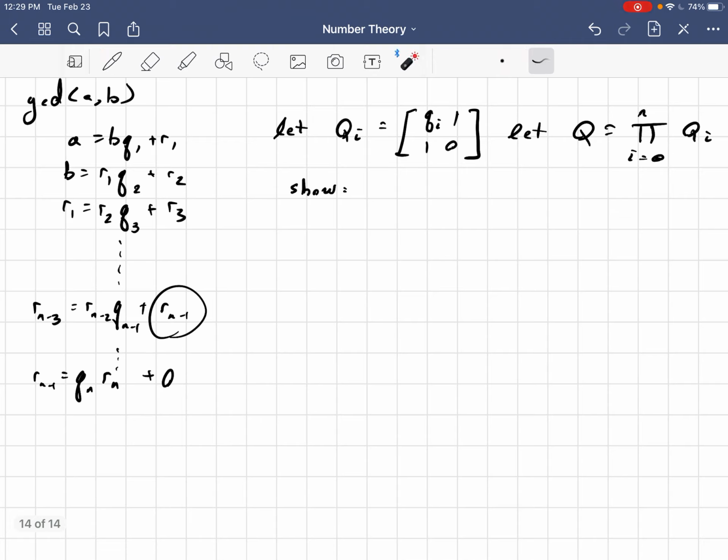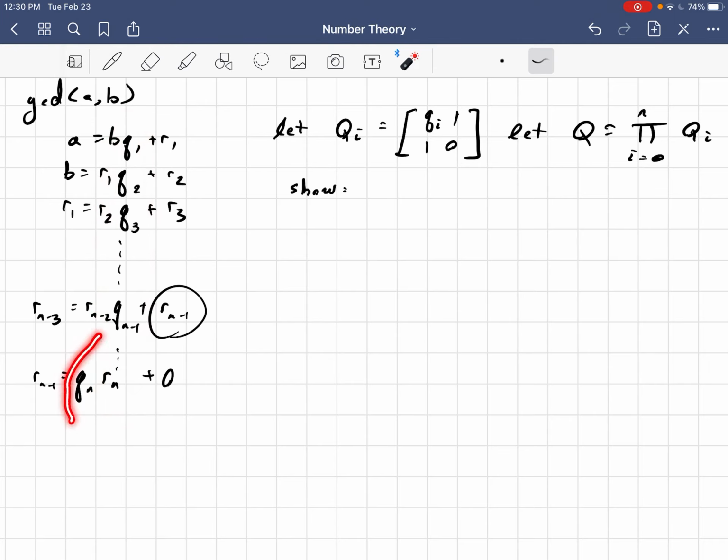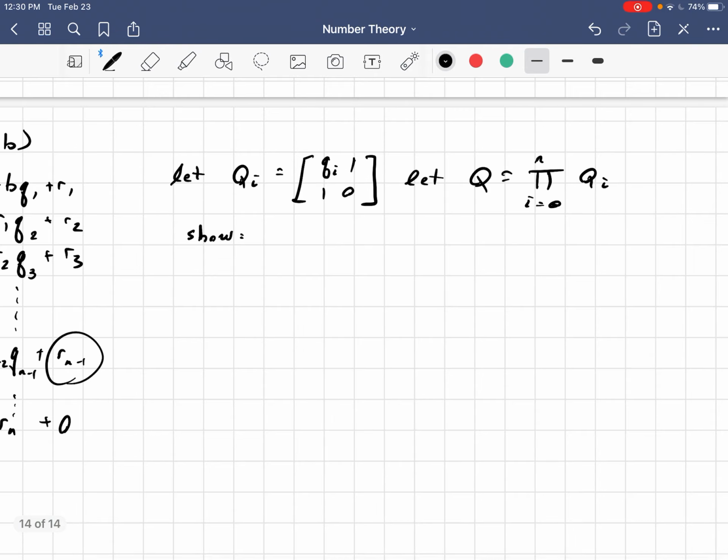So it's the product of all of these quotient matrices.